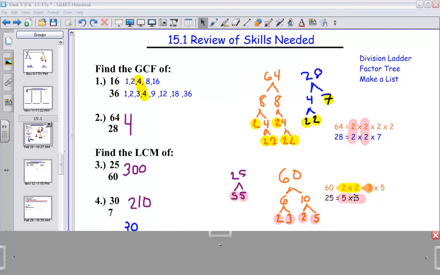I then write out my prime factorization. This time, when I'm finding my least common multiple, remember, I'm finding the number wherever it appears the most. So for 25, I have two 5's listed. For 60, I have one 5 listed. Where does the 5 occur the most? In 25. So I'm going to circle those two 5's.